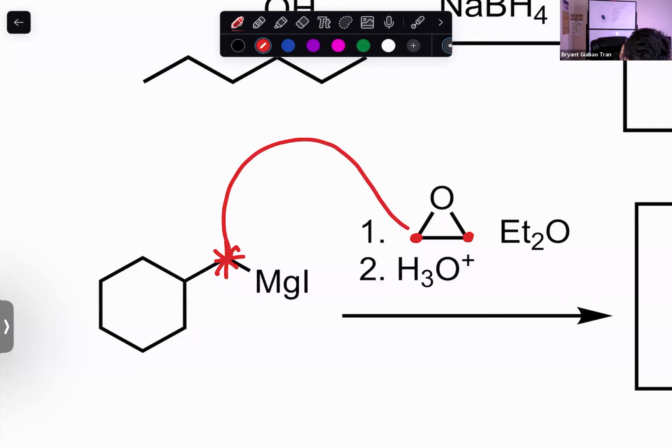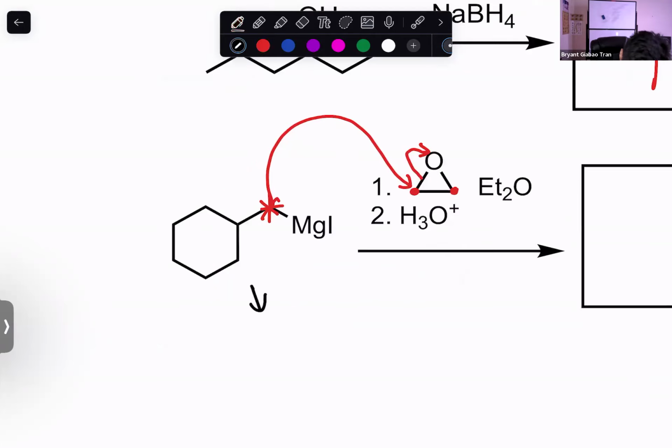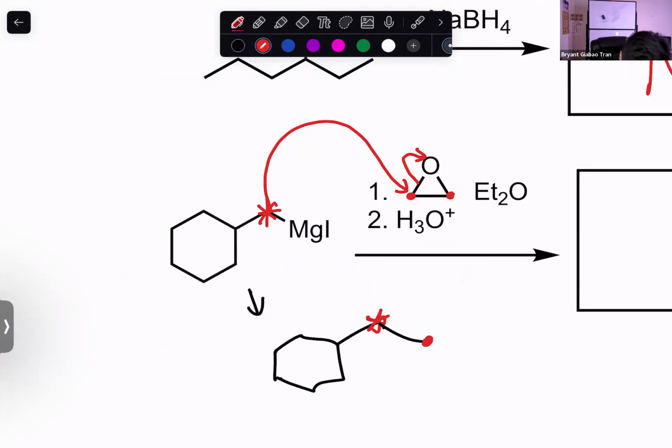So we're gonna have that star attack that dot. We're gonna pop this bond onto that oxygen right there. We're gonna break that bond and give that oxygen a negative charge. Right after that reaction, we're gonna have this star have a bond to this dot right here. And that's the new bond that got formed from that attack. Right. The MgBr dissolves.